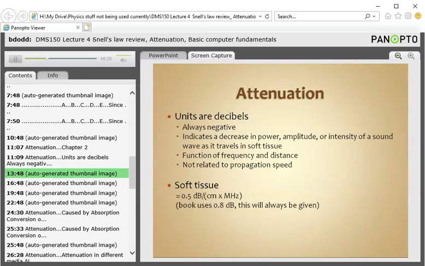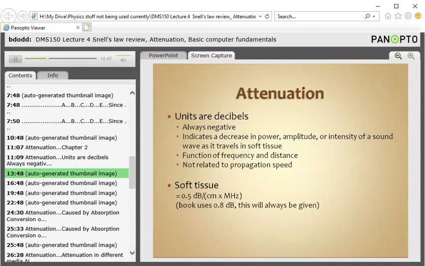Okay, so you take this number times 5 megahertz times 10 centimeters equals.